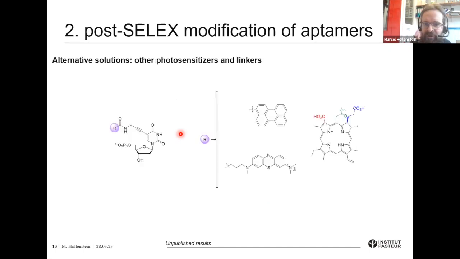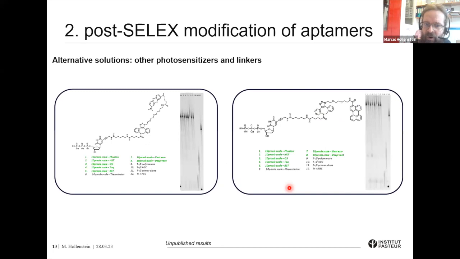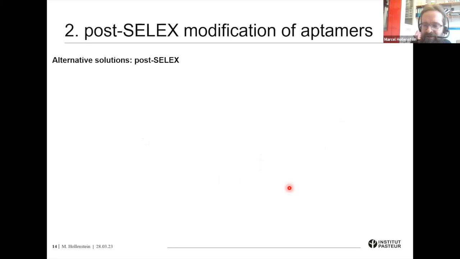One alternative was to synthesize nucleoside triphosphates equipped with other photosensitizers, this time not metal complexes but small organic derivatives, which resolves the issue of intercalation, and they're all good substrates, and we are using these in aptamer selections. Another way around it is post-SELEX modification.